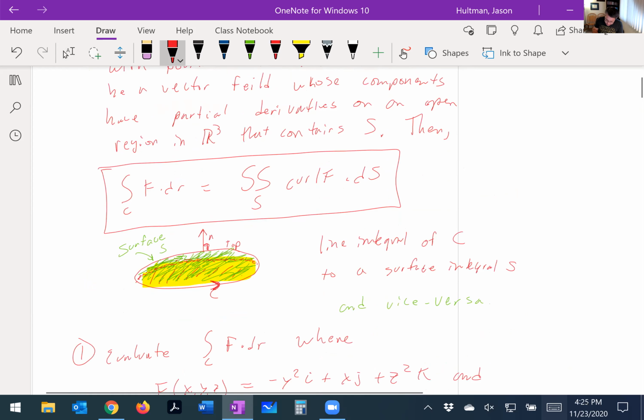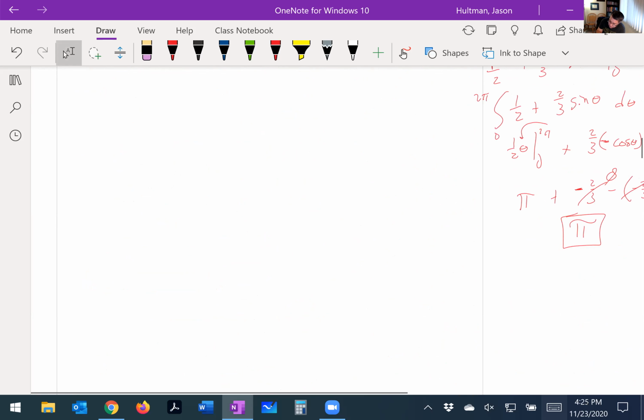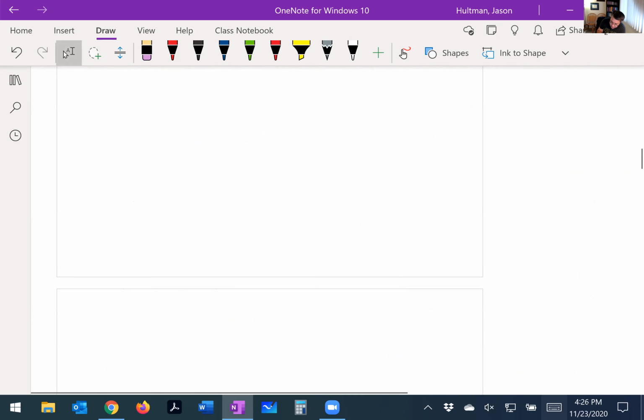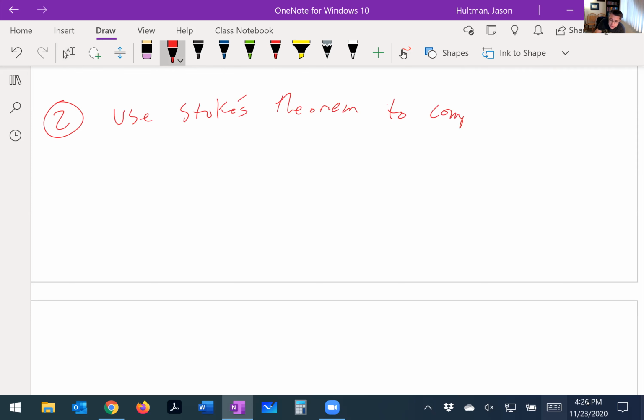Okay, let's do one where we go backwards. Okay, number 2. Use Stokes' theorem to compute the integral over S of curl of f dot dS, where, okay, in this case they give us f, that's nice.